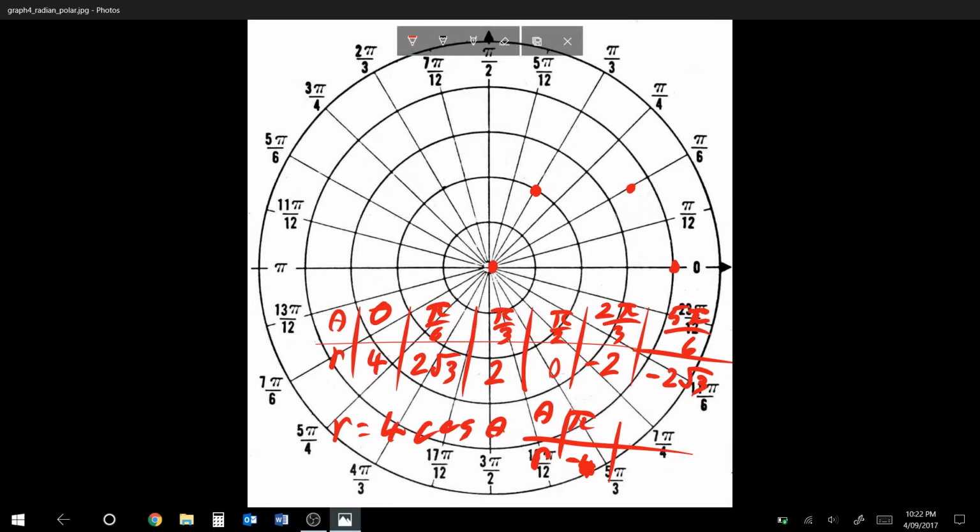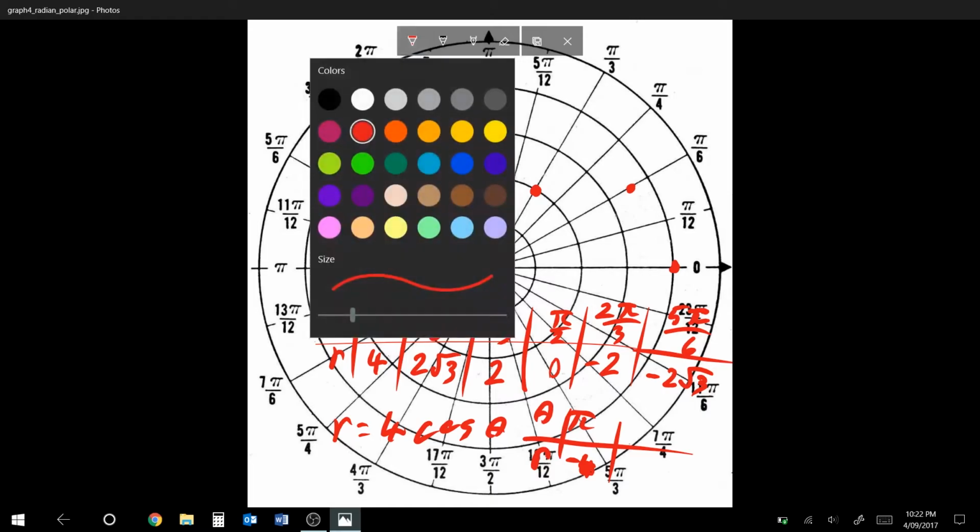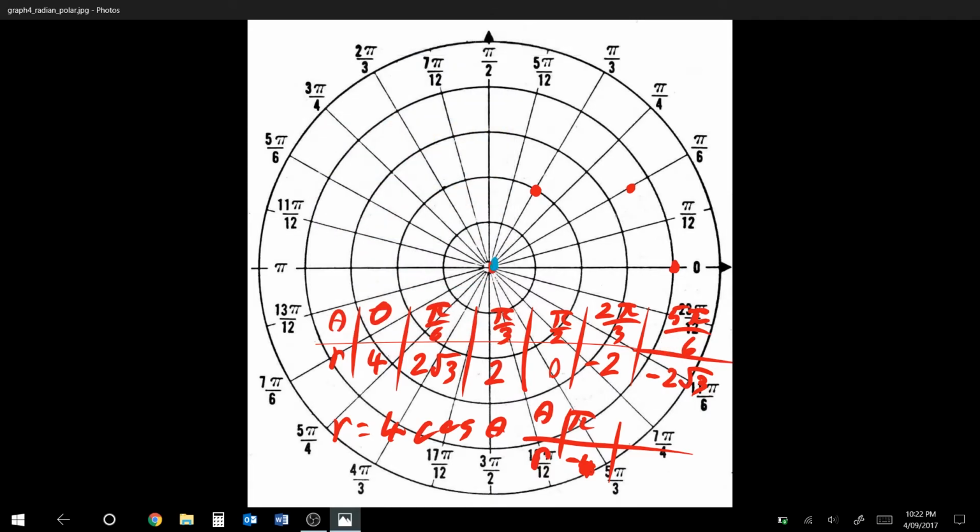Now we're going to cut into our table, so I'm going to change colors. So 2 pi on 3, that's this line up here. But we're going negative distance, so we go back away from what would be up here, and then we go back to here.